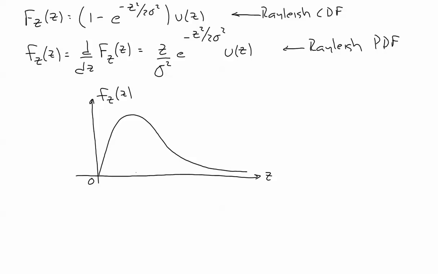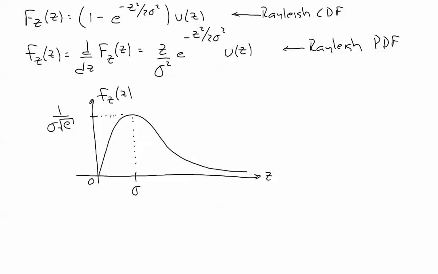The peak is at sigma. The maximum value right there is 1 over sigma times the square root of e.